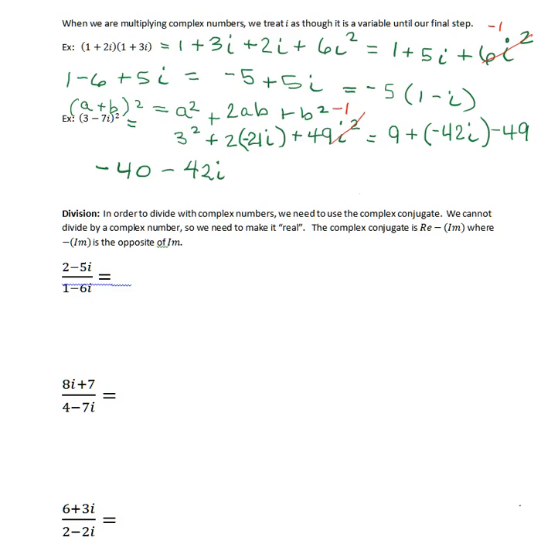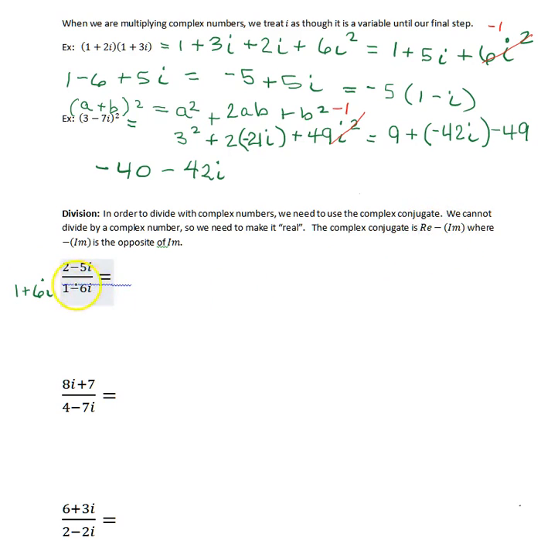So here I have a 1 minus 6i. Well, my complex conjugate for that is going to be 1 plus 6i. That is going to be the complex conjugate because the real part stays exactly the same, and then for the imaginary part, we take the opposite sign.